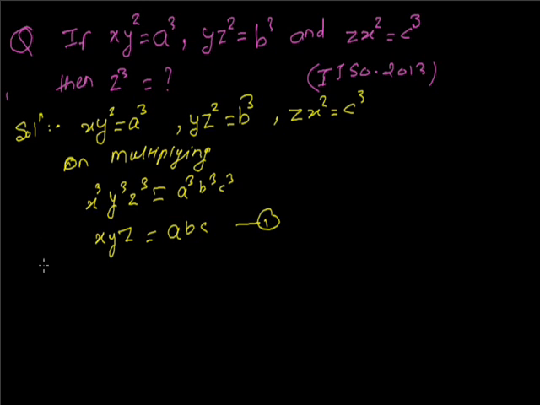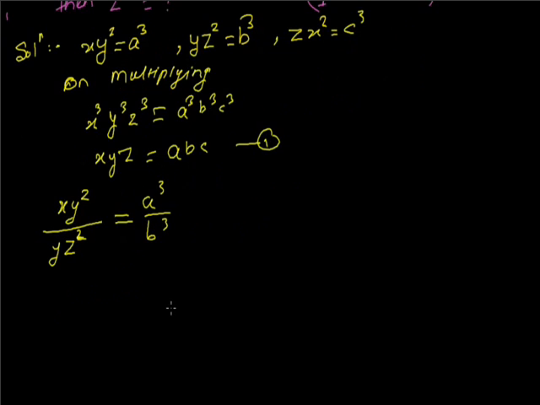Now by dividing xy square upon yz square is equal to a cube upon b cube, we get xy upon z square is equal to a cube upon b cube.